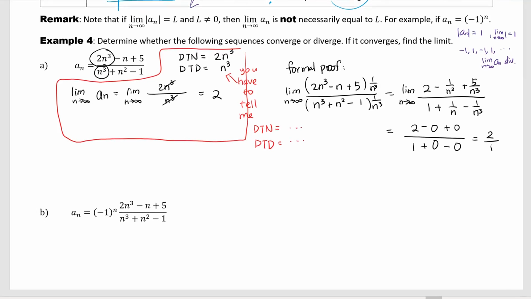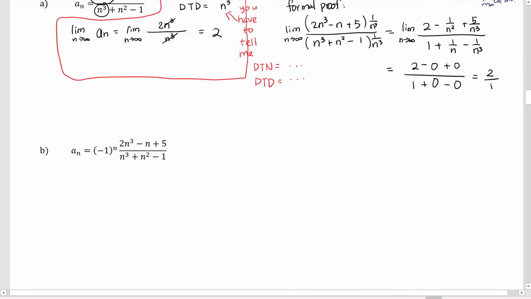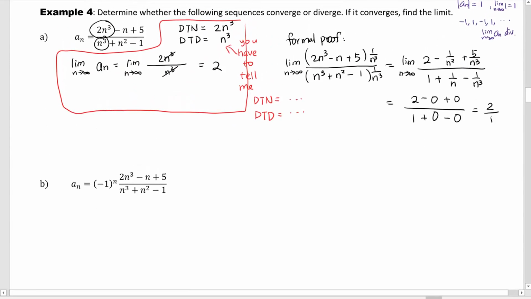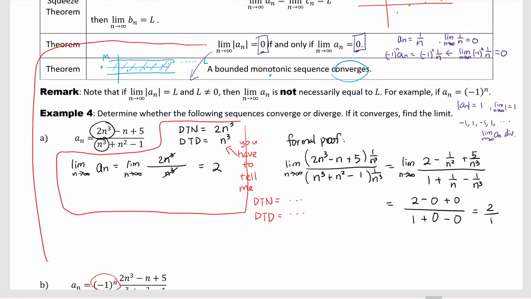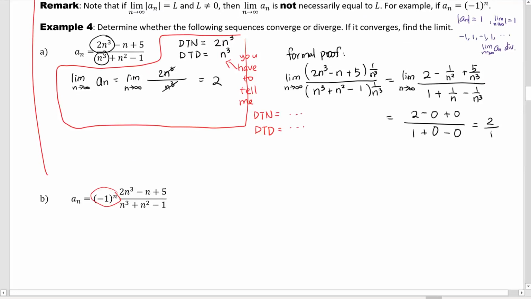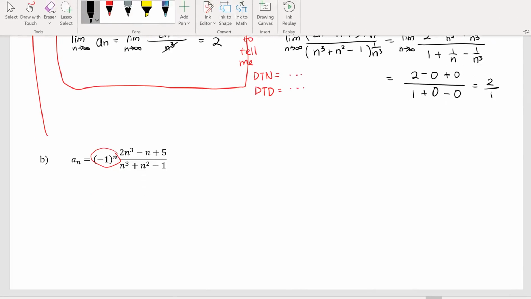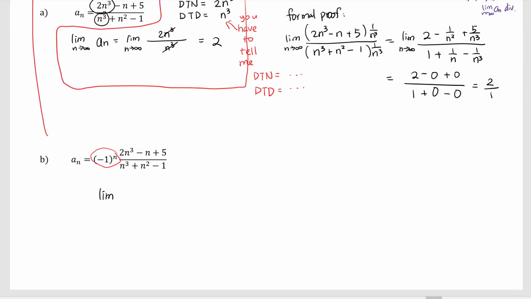Okay, all right. Let's look at part B. Can you see the difference between part A and part B? They are almost the same, except part B has the extra factor (-1)^n. So we're going to use this theorem. Okay, so let's see. The limit as n goes to infinity of the absolute value of a sub n is, well, when you have the absolute value, the (-1)^n is gone.